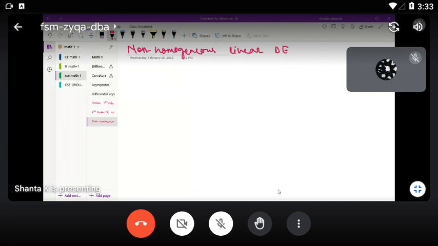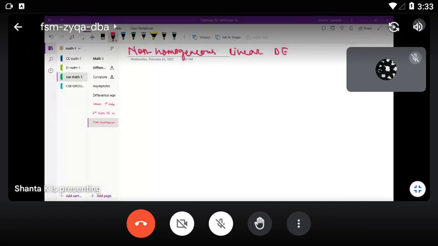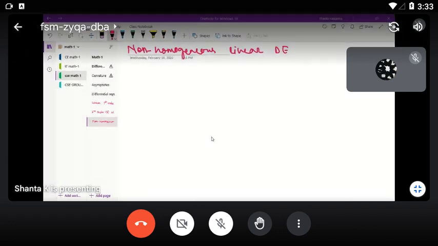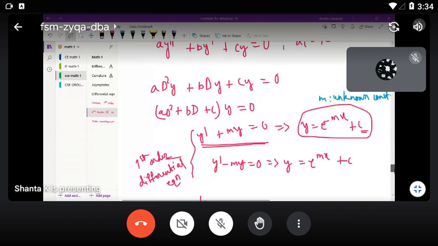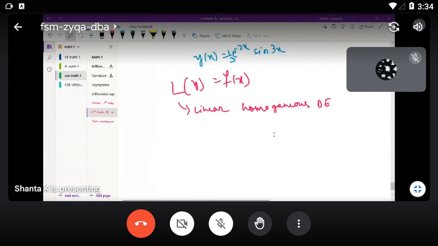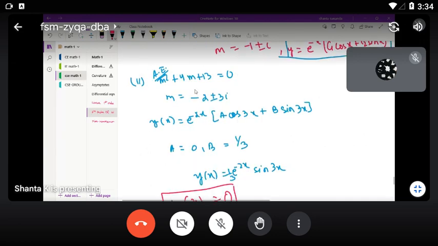So for the homogeneous one, we write Ly equals to 0. Linear equation is 0. Not f of x, here it is 0 on this side. And this is 0. So you can see the examples here.